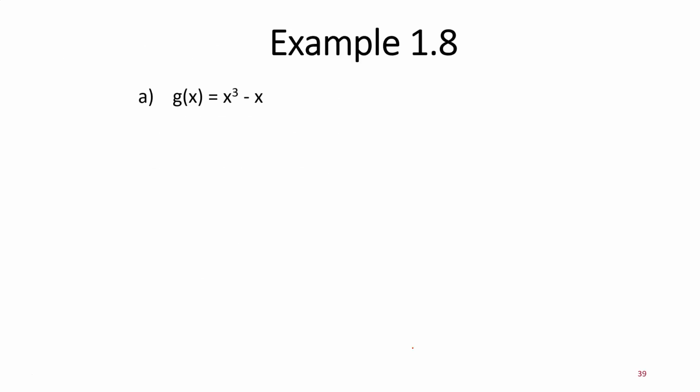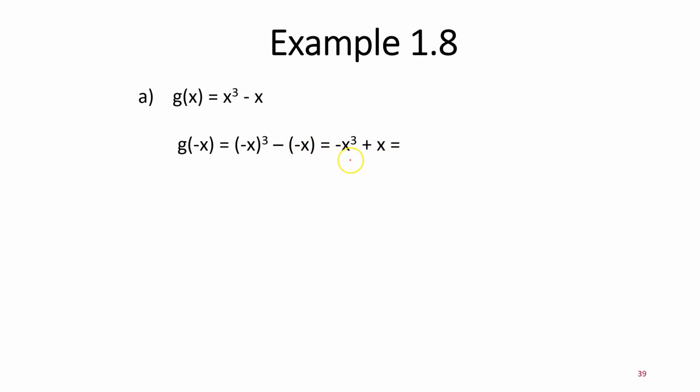So we see this example. Let's say you have a function g over here, g(x) equal to x cubed minus x. So when you have negative x there, this whole thing over here, x, you will substitute it with negative x. So it becomes negative x. This one also becomes negative x. So at the end, you get this value, right?